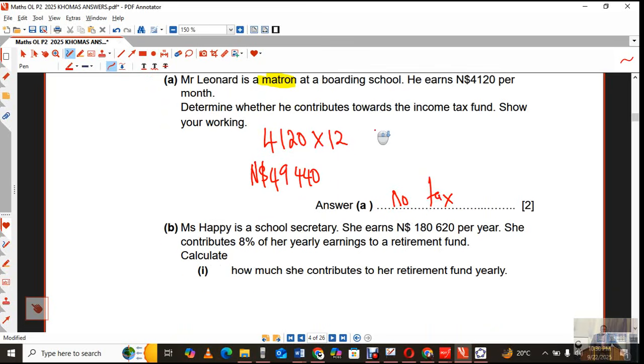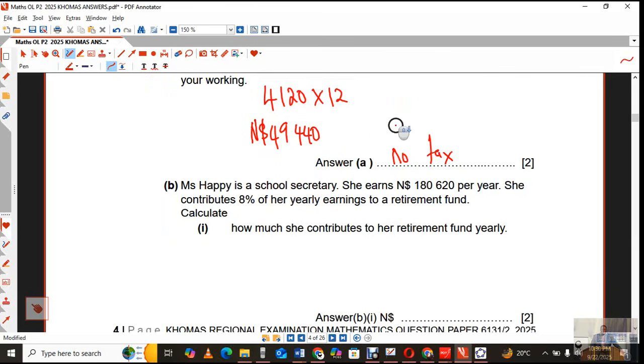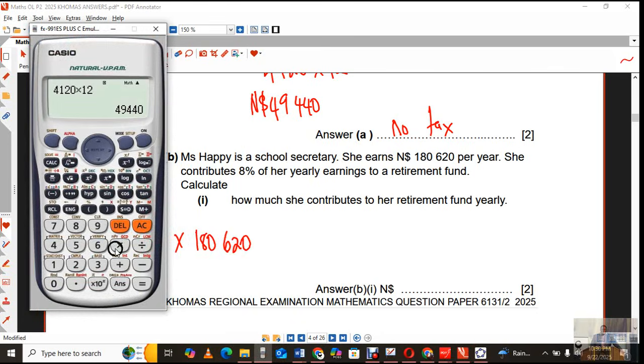Then we have a different person here, Mrs. Happy. She's a school secretary and she earns 180,620 Namibian dollars per year, and she contributes 8% of her earnings to a retirement fund. So what is 8% of 180,620? That's primarily what the question is asking. So you take 8% or 0.08 and multiply that by 180,620.